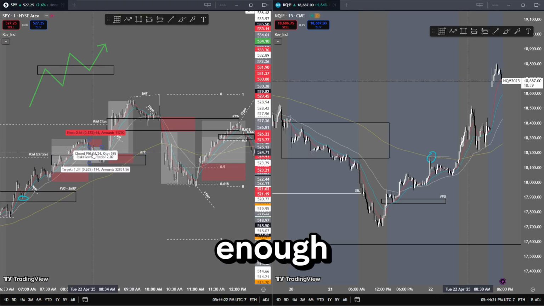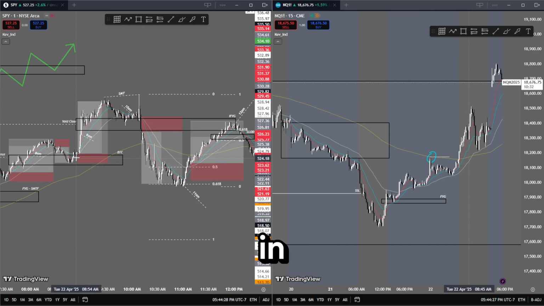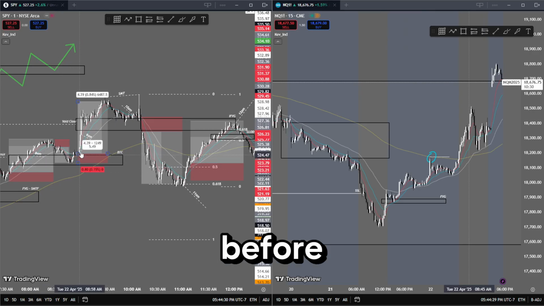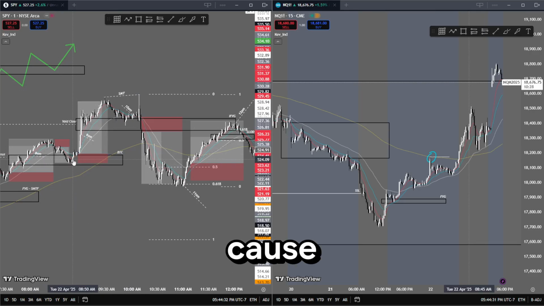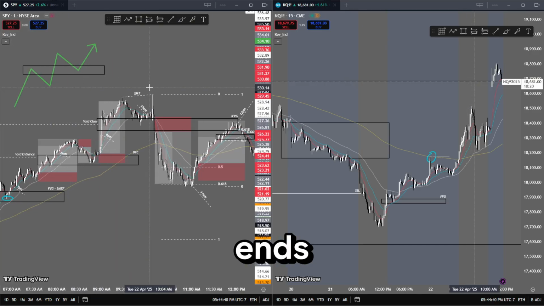And when you're quick enough, you're able to even take the trade to the BTC. That's exactly what I do, and I end up getting in shortly before this pump ends up happening, because we create a fair value gap here, we tap into it, we go above EMAs, and we end up exploding, filling in the void. And what ends up happening?